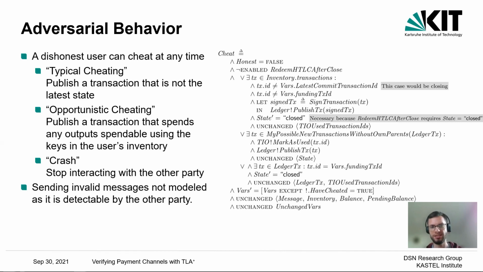For example, if the adversary would send a public key that the adversary does not have a private key for, although the adversary should have the private key. So this would not be an interesting cheating.